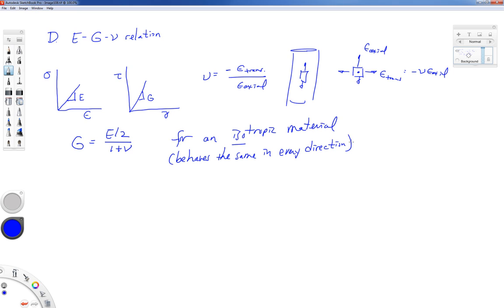So, just want to make sure we understand what our assumptions are when we're involved with isotropic materials. Now, the reason why this formula is going to be important, and in my class, I will never ask you to memorize this. I will give it to you if you need it. But the reason why this is important is that in a lot of material property tables, you will see the modulus of elasticity E and Poisson's ratio nu listed, and you will be expected to calculate the shear modulus G. So let's write that down.